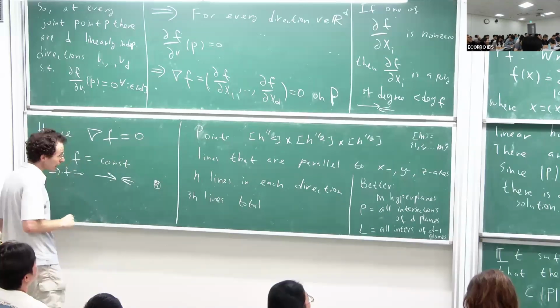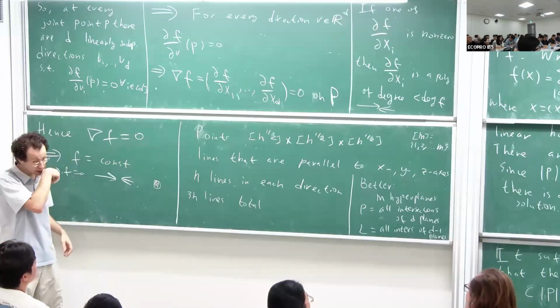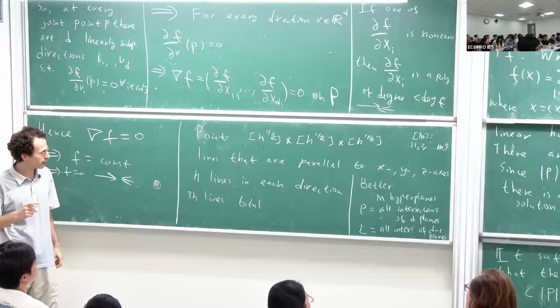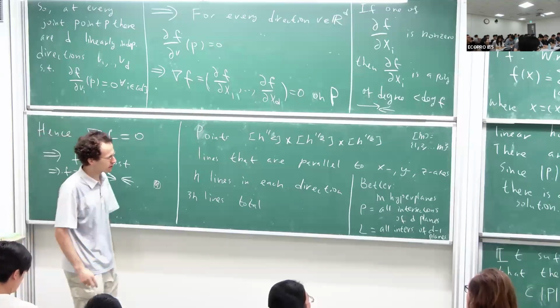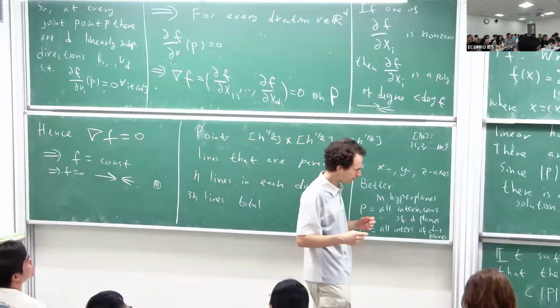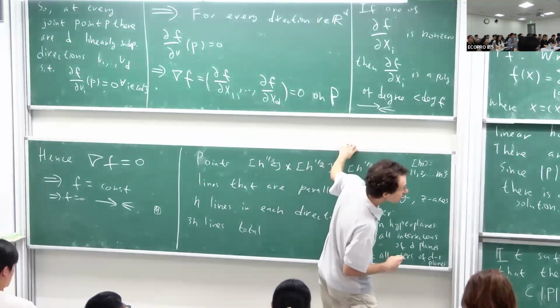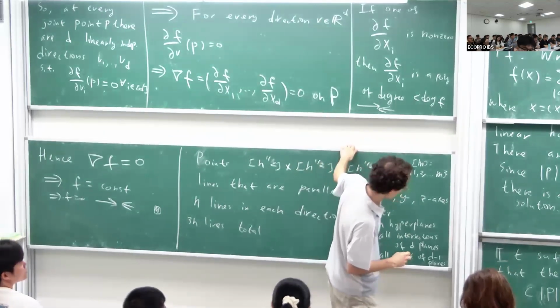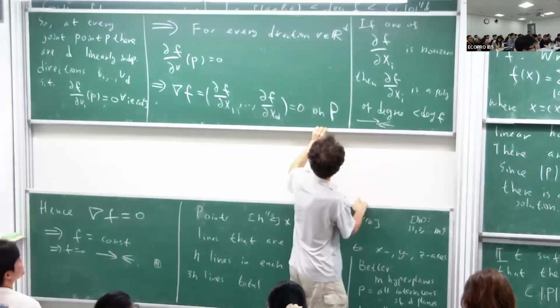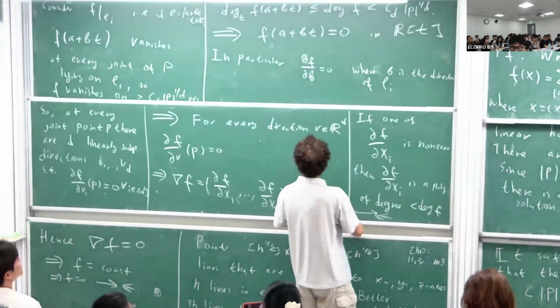So the key step, I want to point out before we break, was this extrapolation step. Namely, when I was on the line, let me try to locate it. Yes, it's right here.